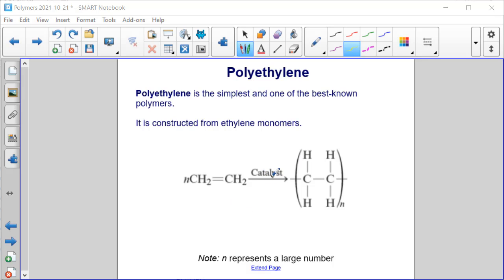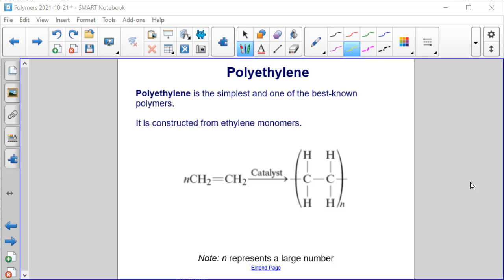We add some catalyst, right? And in the example we showed a few slides back, we catalyzed or got that reaction started with that OH free radical, but it doesn't have to be that. So some catalyst needs to be used to break this double bond to create single bond n number of times.